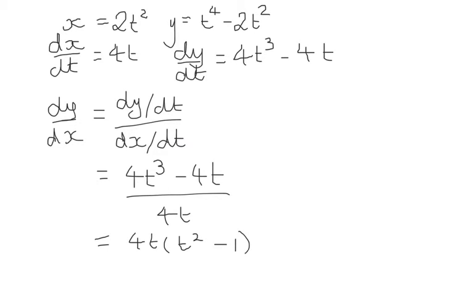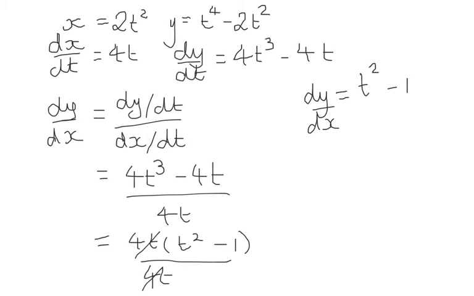Subtract 1, divided by 4t. So the 4t's cancel top and bottom, and we're left with t squared subtract 1 as the first derivative. We'll write it here: dy/dx is equal to t squared subtract 1.